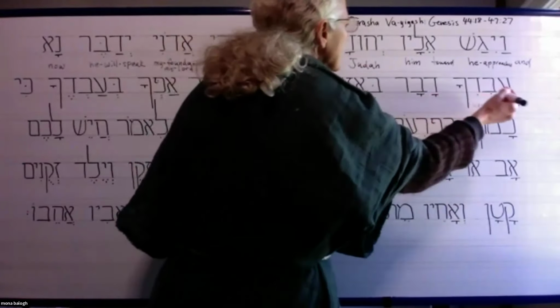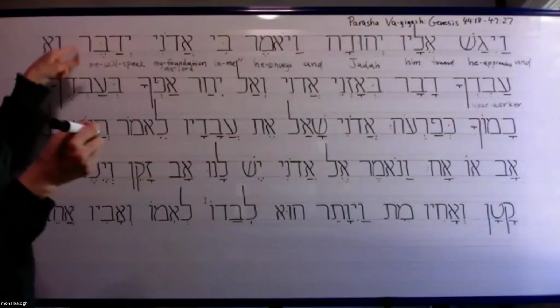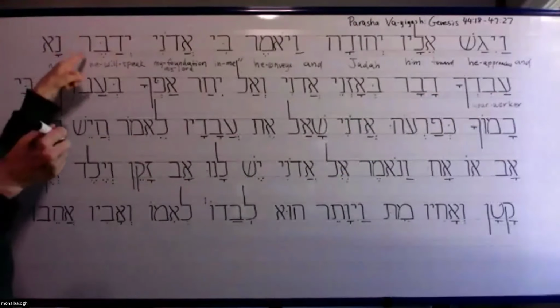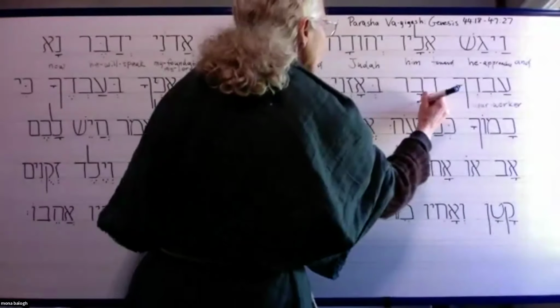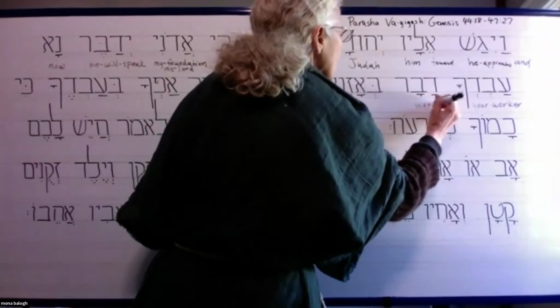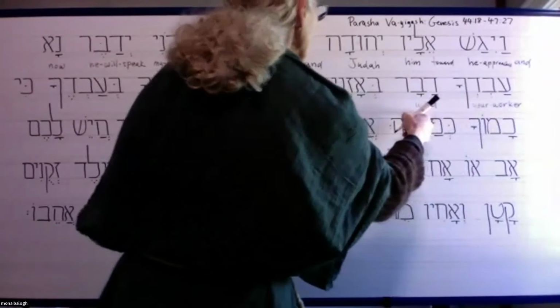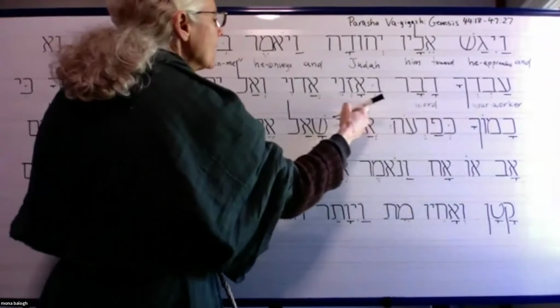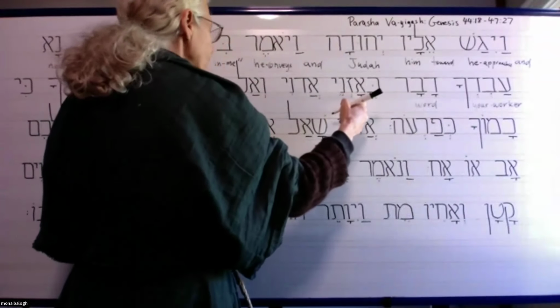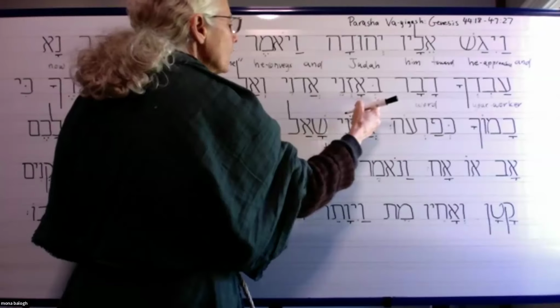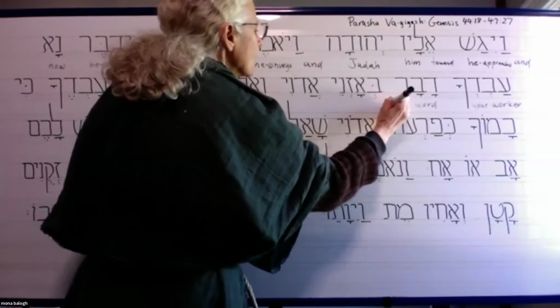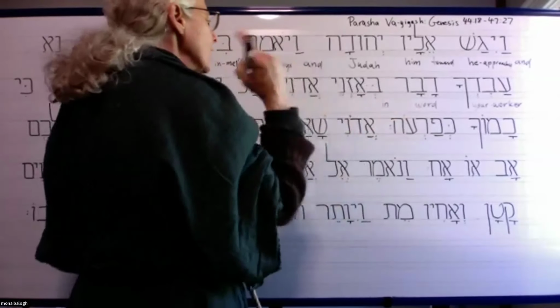Davar. Daber is the verb form, he will speak, and davar is the noun, so a word. He will speak, your worker, a word. Be'ozne. You notice I pronounced this kamatz as an O. This is one of the few times in the Torah where the kamatz makes the O sound. Be is in. Ozen is ear.